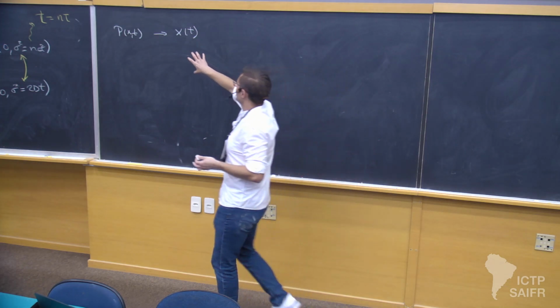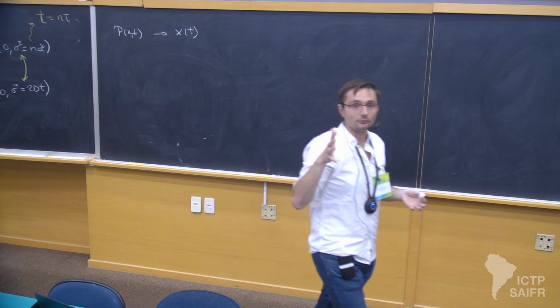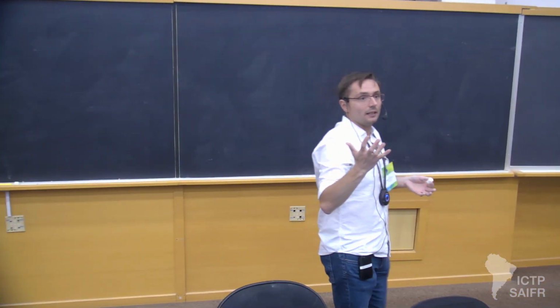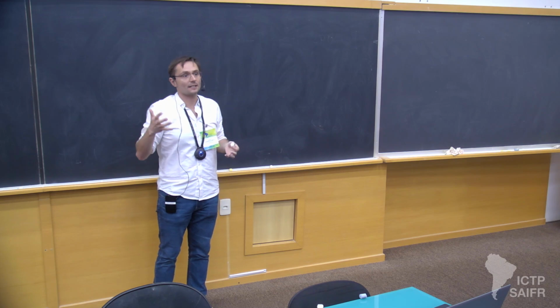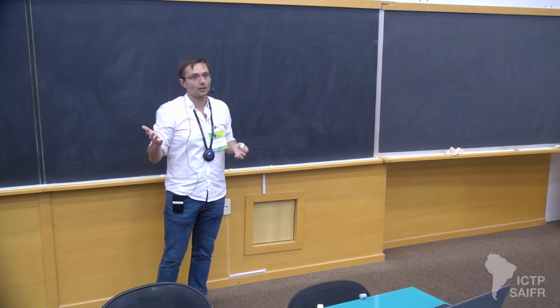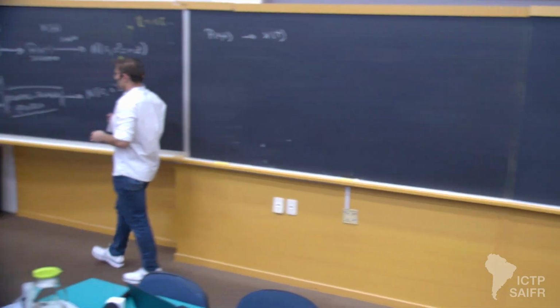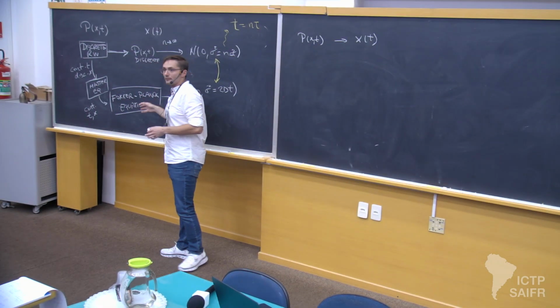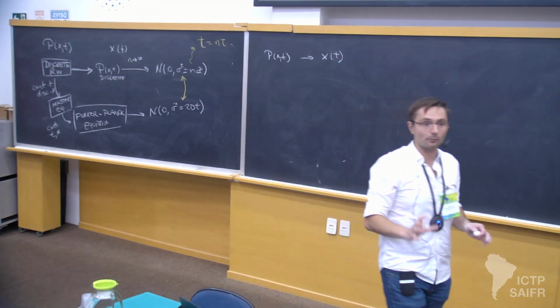On the other hand, when I describe x, if I want to generate trajectories, x is my random variable, and the equation that is going to describe it is going to be a stochastic differential equation. In the notes that I shared with you, they discuss how you can get the stochastic differential equation for a random walk starting from the Fokker-Planck equation.